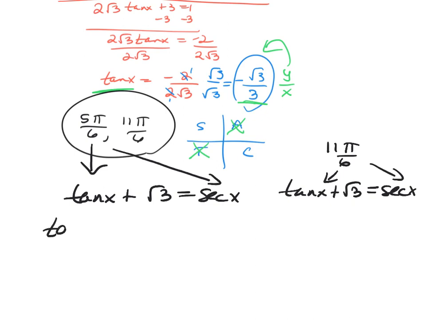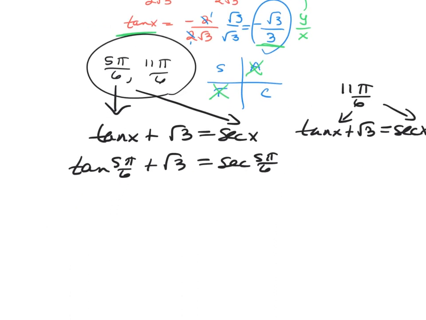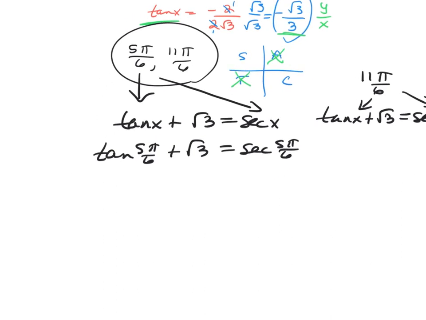So I'm going to do tangent of 5 pi over 6 plus root 3 equals secant of 5 pi over 6. So if you realize that this is in your second quadrant, we're going to go over, find 5 pi over 6. We're going to divide y by x, and it's going to give us negative root 3 over 3.